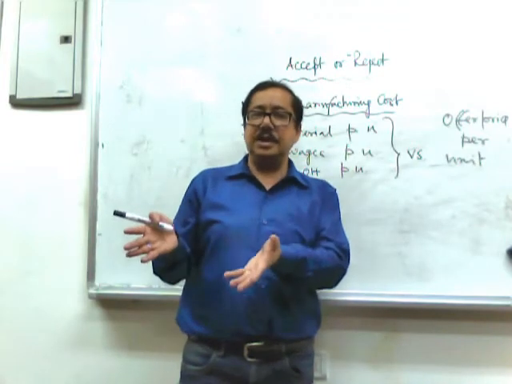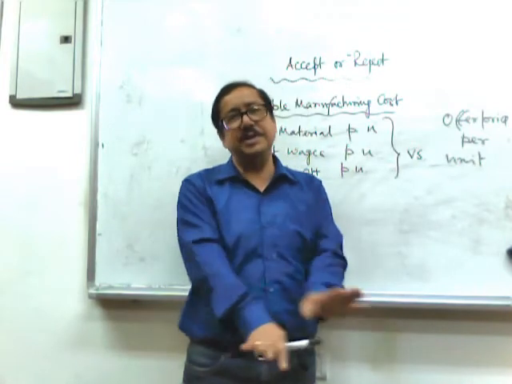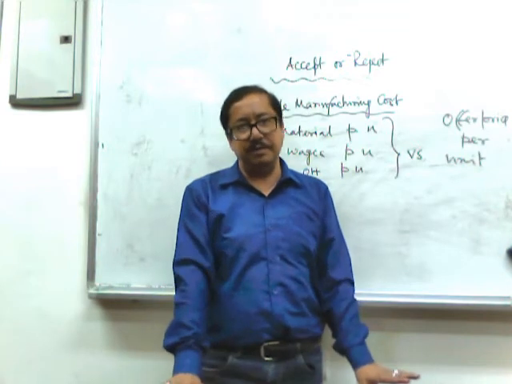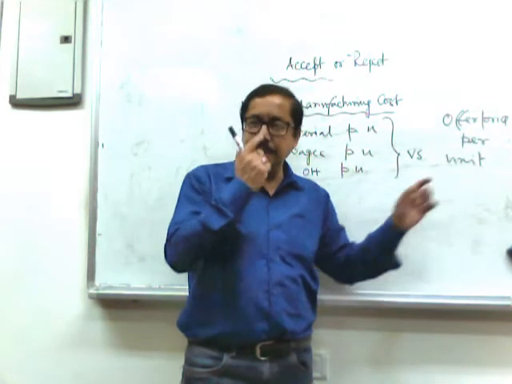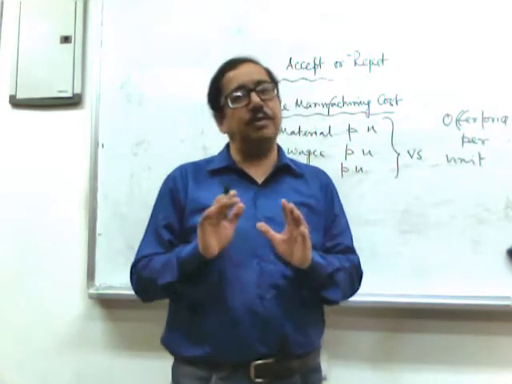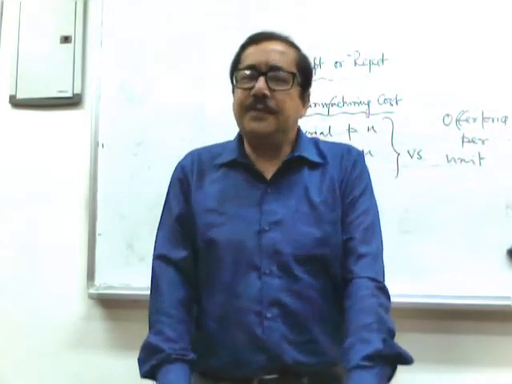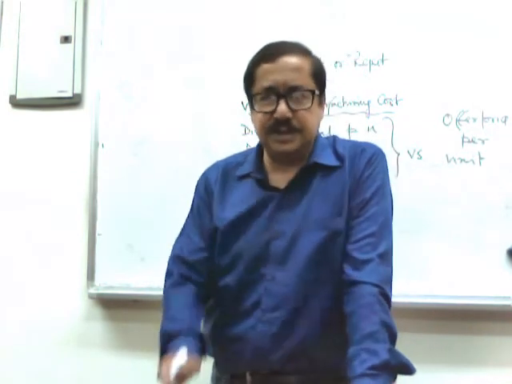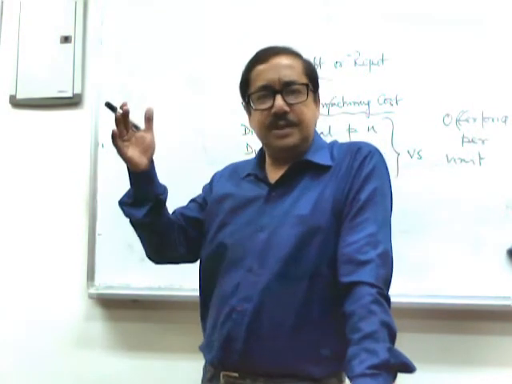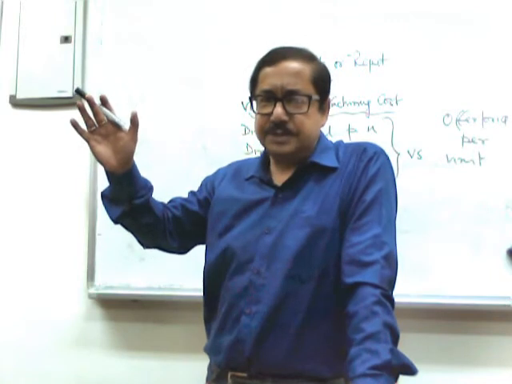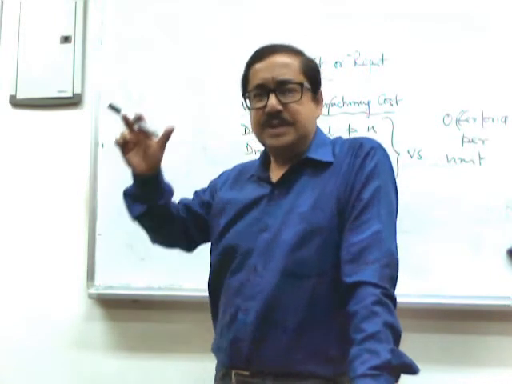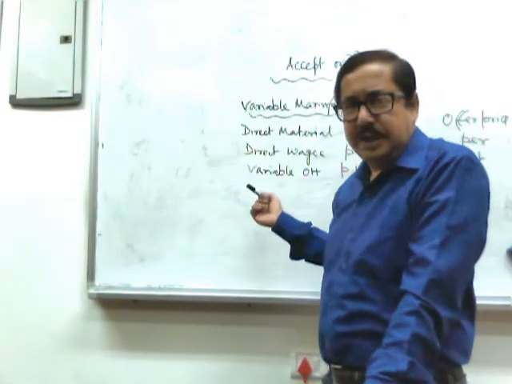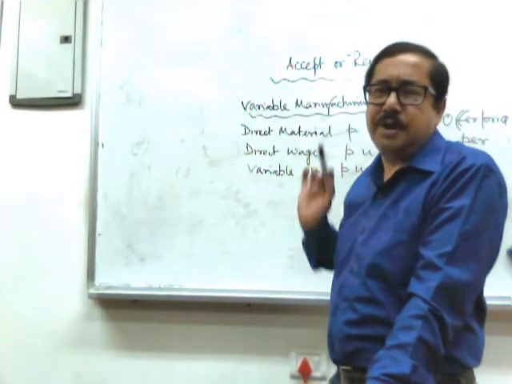If the additional contribution is negative, it will be rejected at that moment only. If the additional contribution is positive, then we will compare whether fixed cost is also changing. If we find that fixed cost is changing, with 30,000 units and 50,000 units having different amounts of fixed cost, then whatever the additional amount of fixed cost is, we need to deduct it from the additional contribution we are going to get.